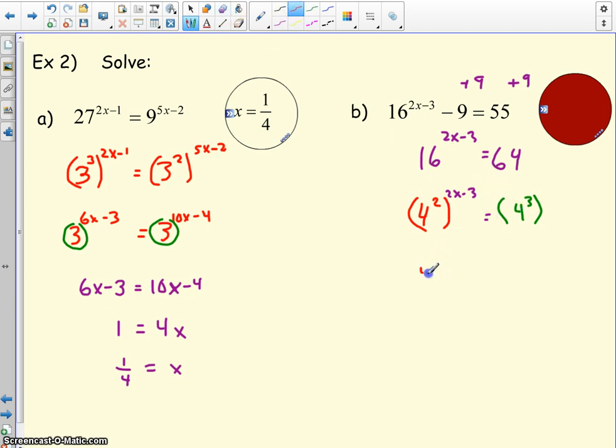So I'm going to wind up with, on this side, using power over power, 4 to the 4x minus 6 equals 4 cubed. So again, single power on both sides of the equation. I can equate the exponents. So I get 4x minus 6 equals 3, which tells me 4x equals 9, and x is then 9 over 4, or 9 quarters.